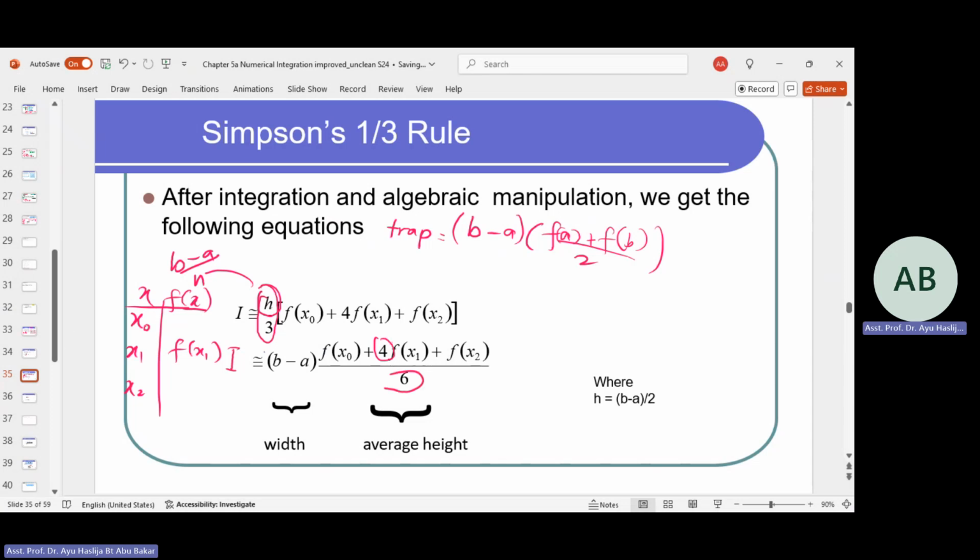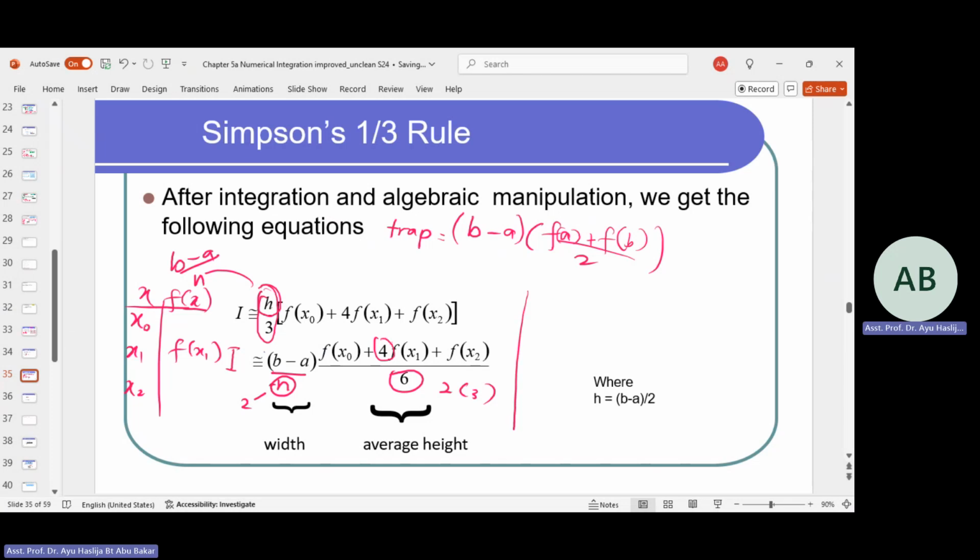The 6 here is because of 2 multiplied by 3. H here is b minus a over n, where this n is equal to 2.